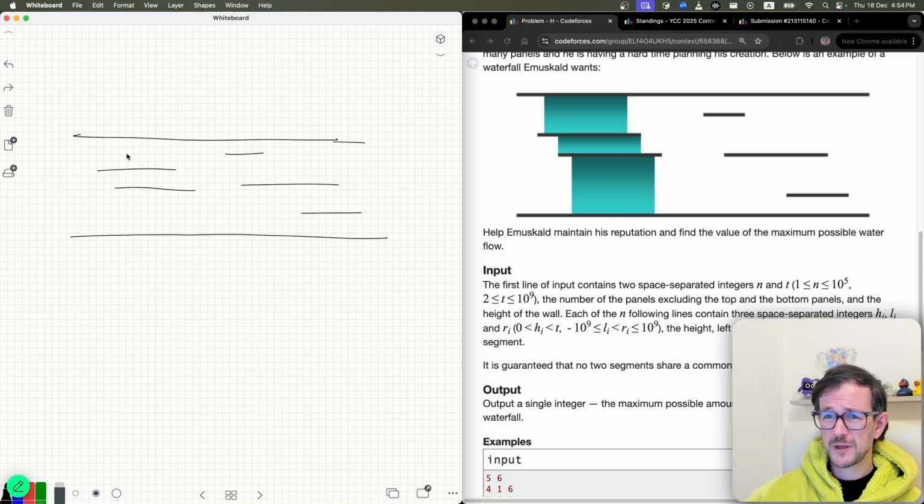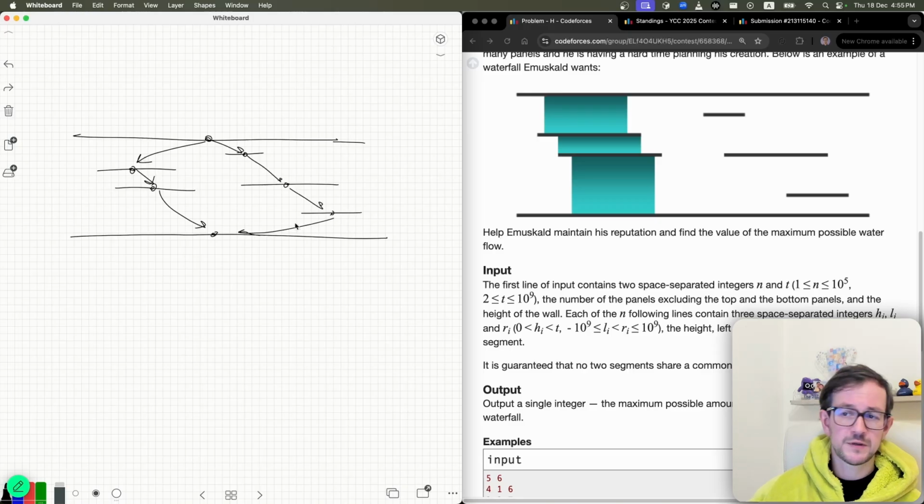If you consider each panel as a vertex, and then draw edges if you can push flow from here to here, I can push flow here or here, and here, here, here, something like this.